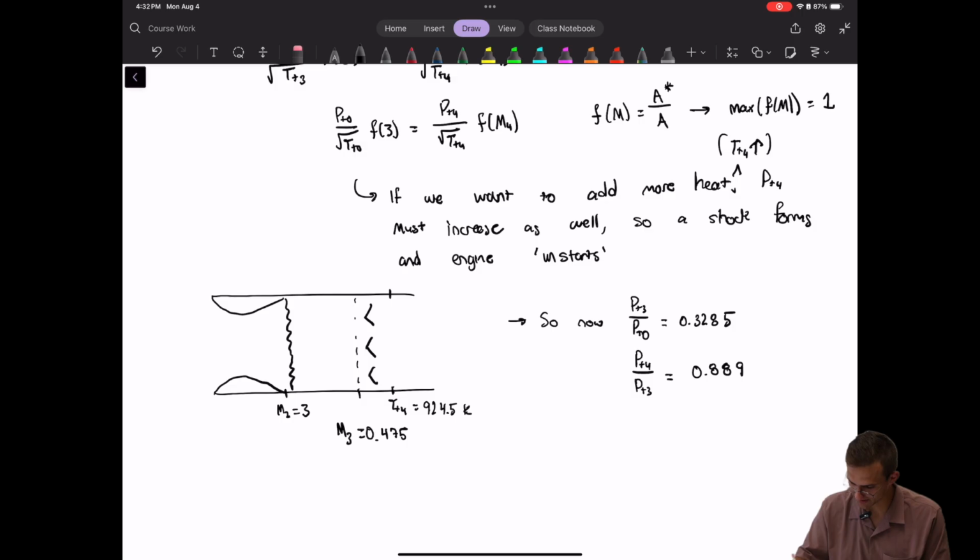But if we look at the stagnation pressure ratio from the free stream to directly downstream of the burner, we're actually going to get the same value as before, 0.292.